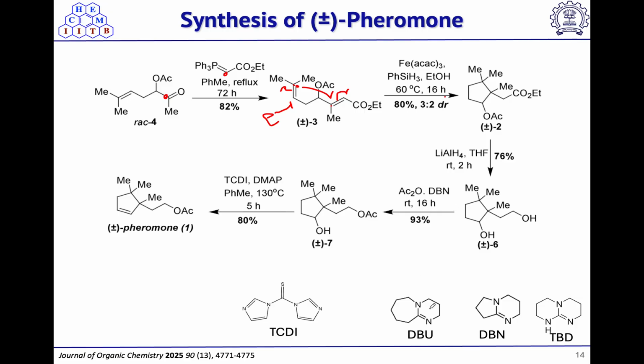As you see, I have written here the structure of DBN. Like DBU and TBD, DBN is another bicyclic, nitrogen containing, bulky, non nucleophilic base. It will abstract a proton from these two alcohols, but if we use one equivalent of acetic anhydride, the sterically free primary alcohol will first get acetylated in this condition. If we use two equivalents of acetic anhydride or more, then both will get acetylated.